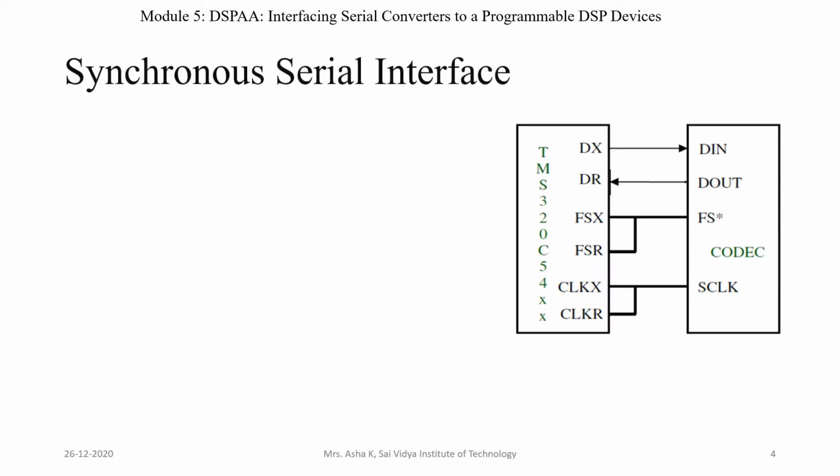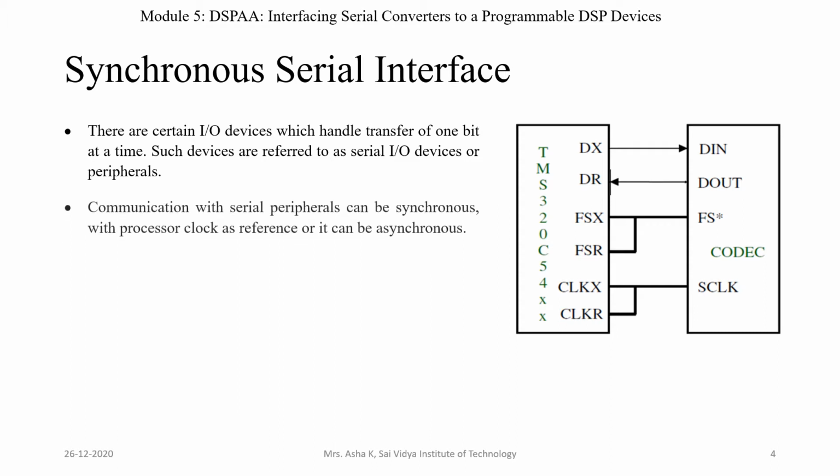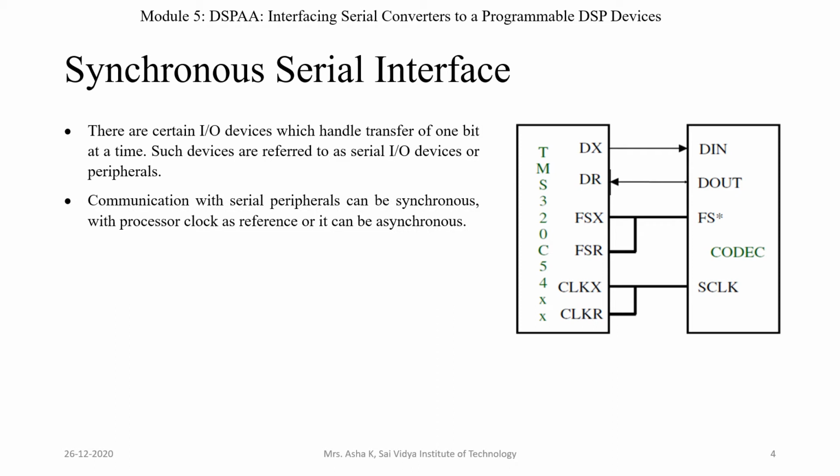Now, we are going to discuss the synchronous serial interface. There are certain input-output devices that can handle a transfer of one bit of data at a time. Such devices are referred to as serial input-output devices or peripherals. Here, the communication with the serial peripherals can be synchronous with the processor clock as reference, or it can be asynchronous also.